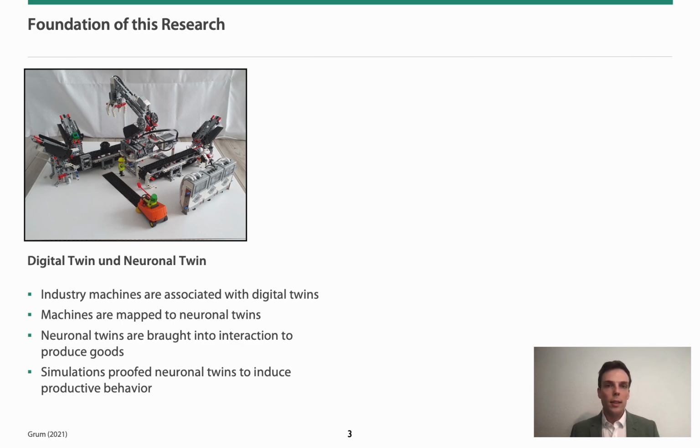You can find the article at Grum 2021, numerous presentations about this at YouTube. In the figure above, you can see the prototype of a first AI-based production system using this kind of concept of neural modeling. Simulation proved neuronal twins to induce productive behavior, which is great.